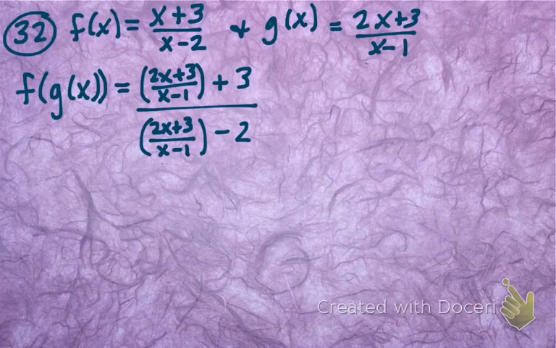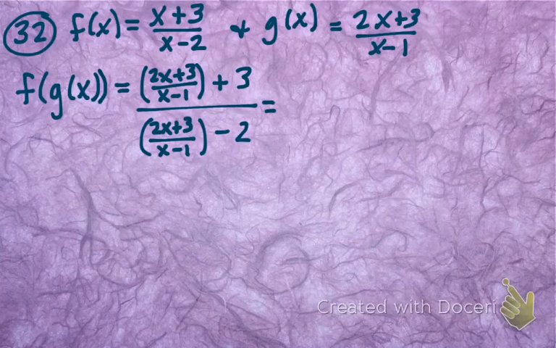Because now, for both the top and the bottom, we need a common denominator of x minus 1. Or you could use the approach of multiplying through by x minus 1. I'm going to show the common denominator approach here. And if you want to see the multiplying by the top and the bottom approach, I might tack that on to the end of this video, so hang with me.